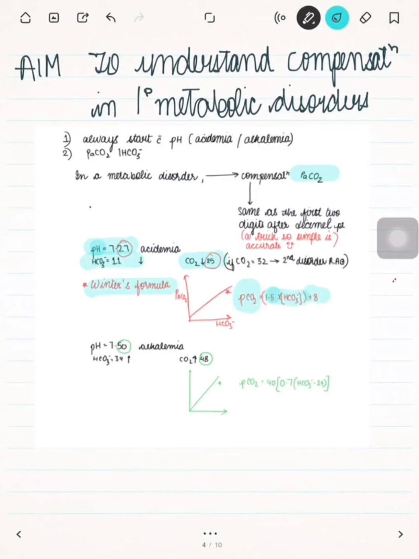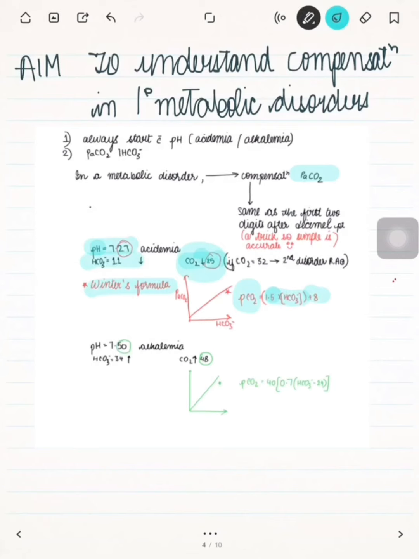This comes out to be 24.5, which is near the given value, which means this is a primary metabolic disorder. Compensation is adequate.